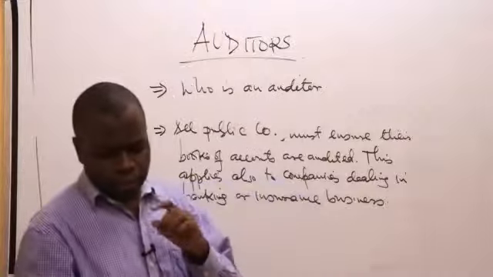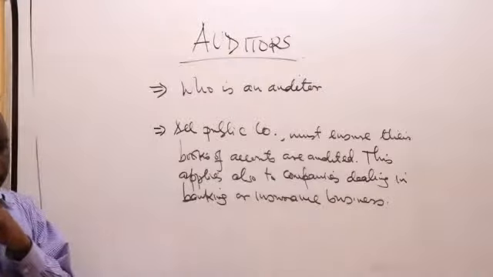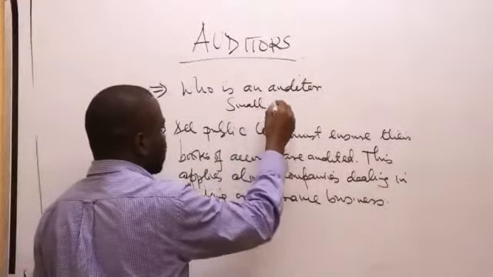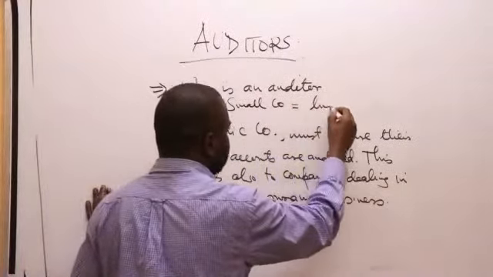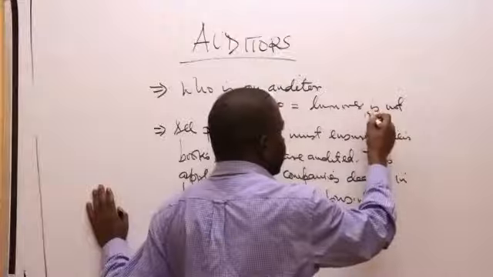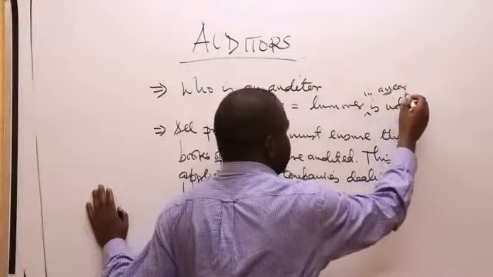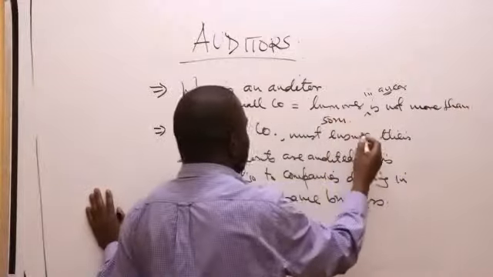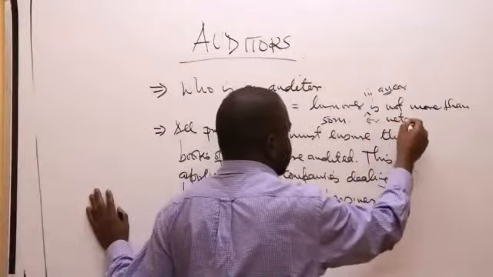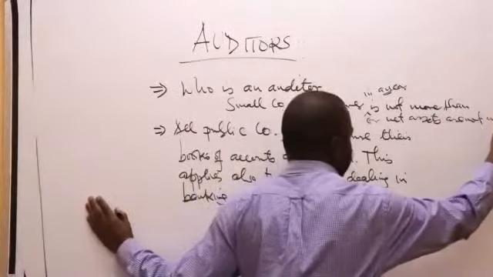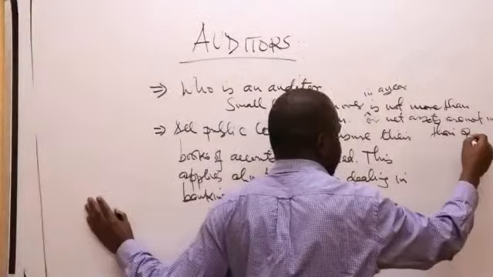So the threshold for ascertaining whether a company is a small company: a small company means that the turnover in a year is not more than 50 million, or the net assets are not more than 20 million.